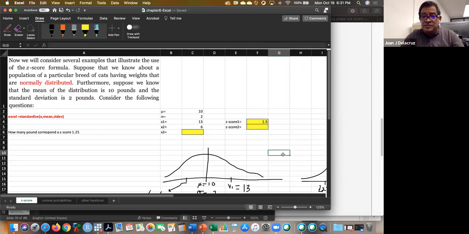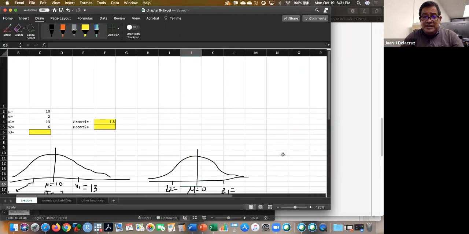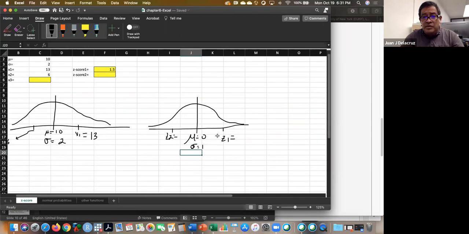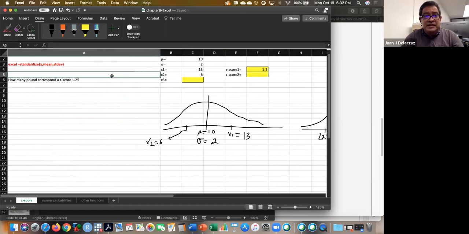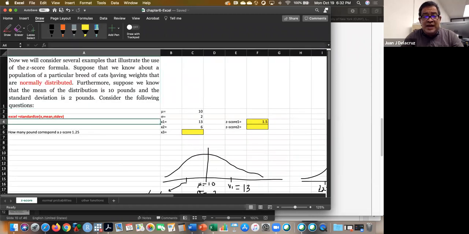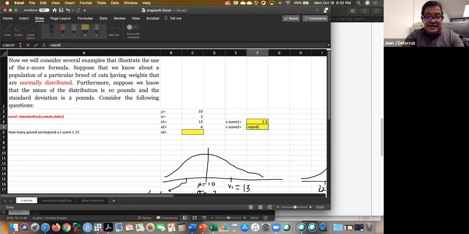This Z score basically is going to be 1.5. The second one is when x is equal to 6. Once again, I'm going to say STANDARDIZE.